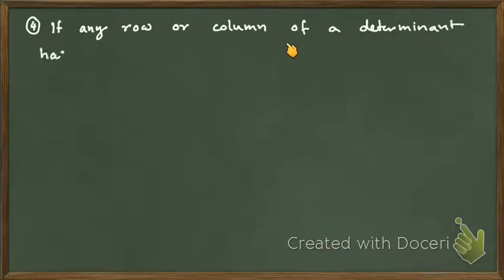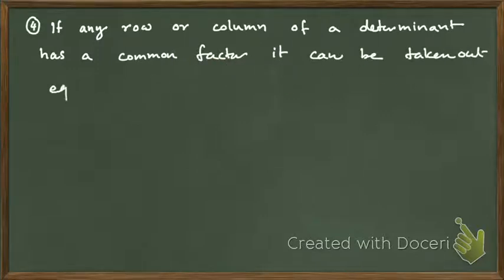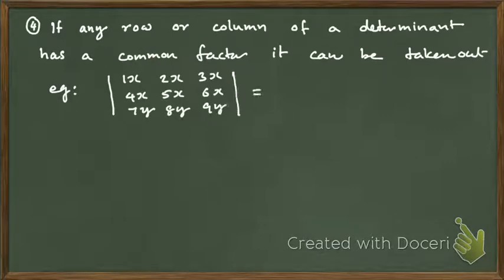So you interchange any two rows or any two columns, the value of the determinant will become the negative of the original. Another property: if any row or column of a determinant has a common factor, it can be taken out of the determinant. Now this is different from matrices. In a matrix, you can bring a common factor out only if it is common with every single element.